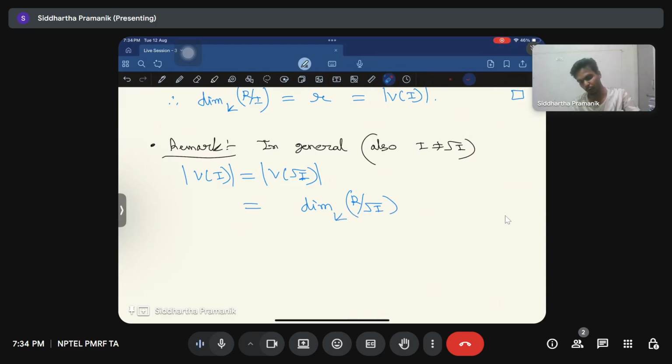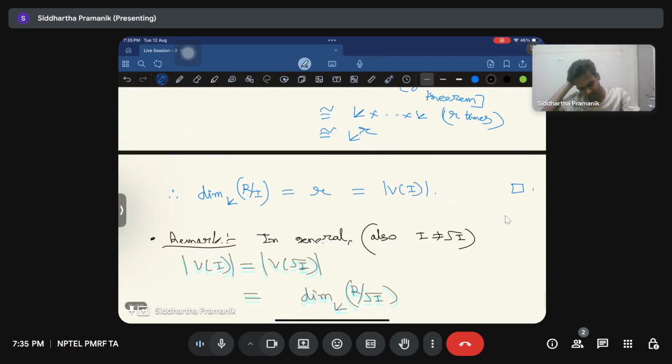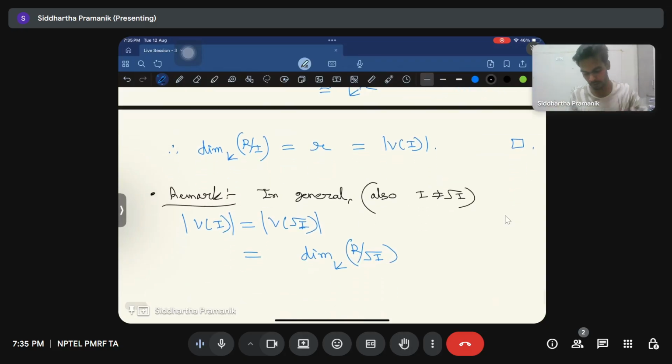So we got a formula for the cardinality of the variety of I, which is the vector space dimension of R mod the radical of I. The proof is the same as the previous one. One can just mimic the proof to get this formula.